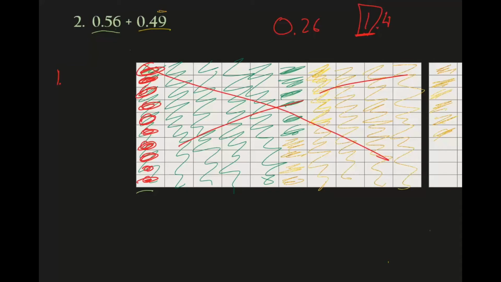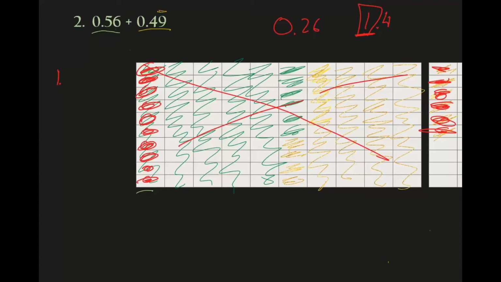So we have 1, and then 2, and then 3, 4, 5, and 6. So that means our answer is going to be not 1.6. So don't get confused.